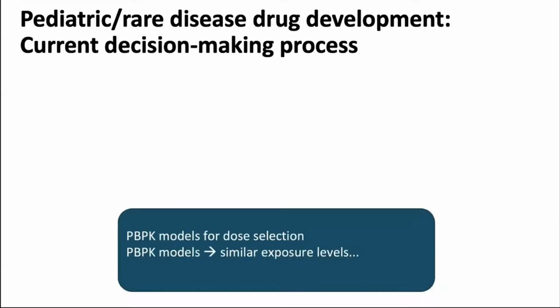The problem with case-by-case basis is consistency. If we go from an example and consider a case where we're in a rare disease condition, a pediatric rare disease for instance, and then PBPK is being proposed for dose selection because it is assumed that in this pediatric population, similar PK exposure between children and adults might lead to comparable efficacy or safety.